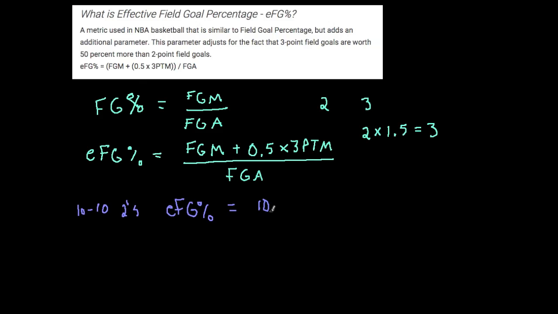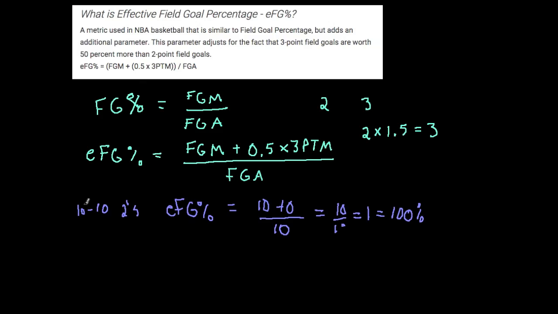Well, they didn't make any 3-pointers, so that would be 0. Over field goals attempted, they attempted 10. So then they have 10 divided by 10 equals 1, or 100%. Okay, and that should make sense.